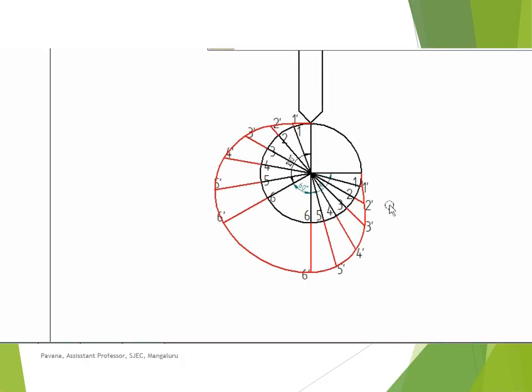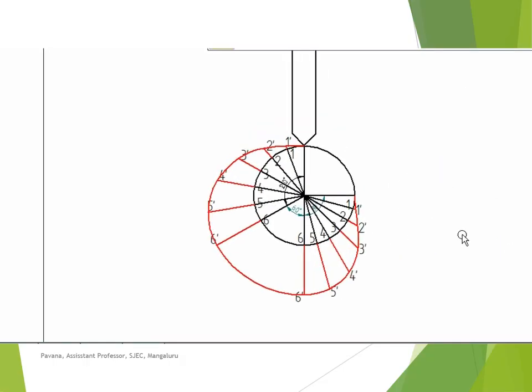So this is how the profile looks. The red color one what I have marked, that is the final profile.